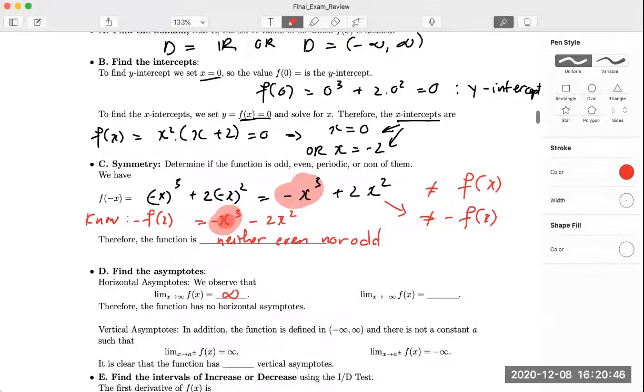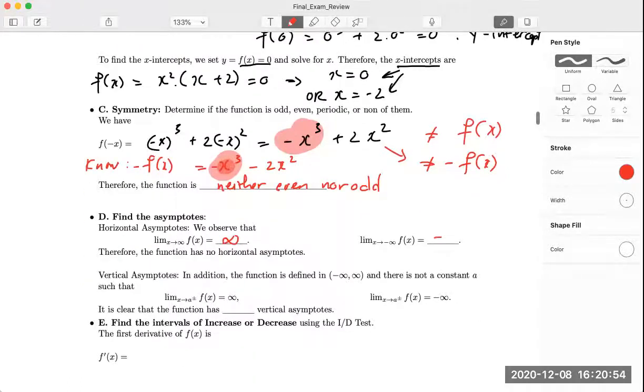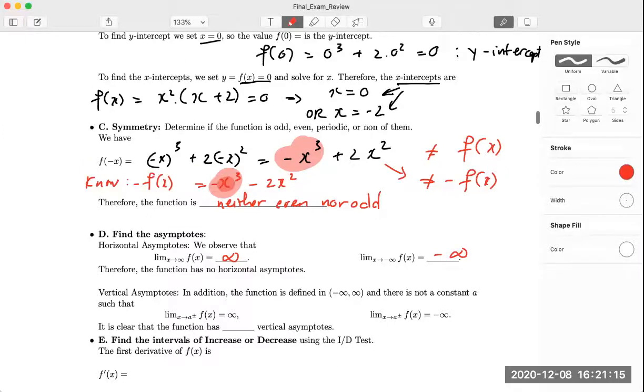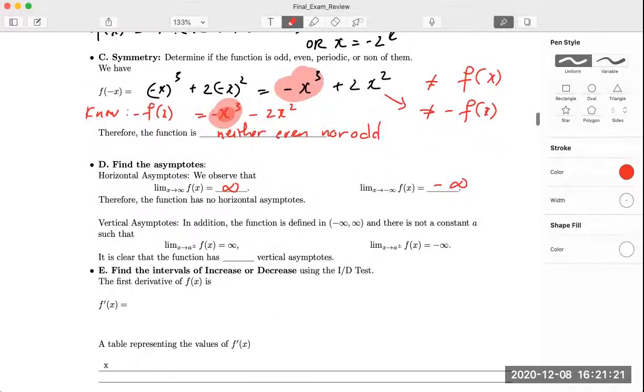When x goes to negative infinity, a negative number raised to the power of 3 will still be a negative number, which is very large, and we denote it as negative infinity. The vertical asymptotes are the points where, as x approaches that point, f of x goes to infinity. And actually, there's no such point. So it has no vertical asymptotes.